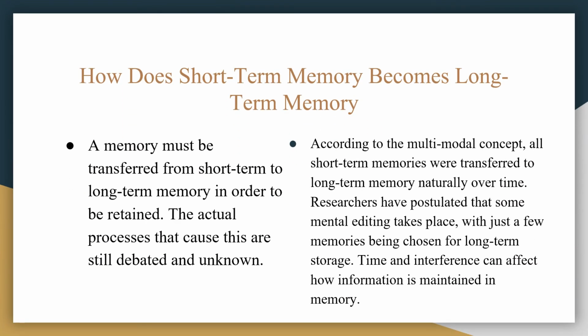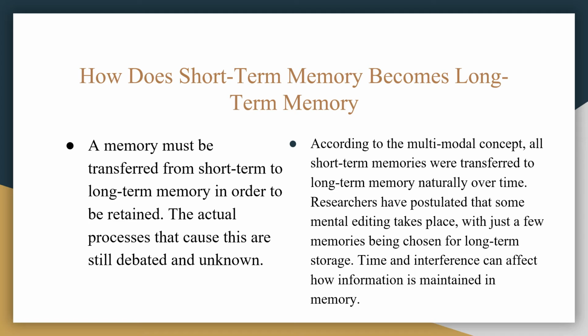How does short-term memory become long-term memory? A memory is transferred from short-term to long-term memory in order to be retained. The actual processes that cause this are still debated as they are also unknown. According to the multimodal concept, all short-term memories were transferred to long-term memory naturally over time.